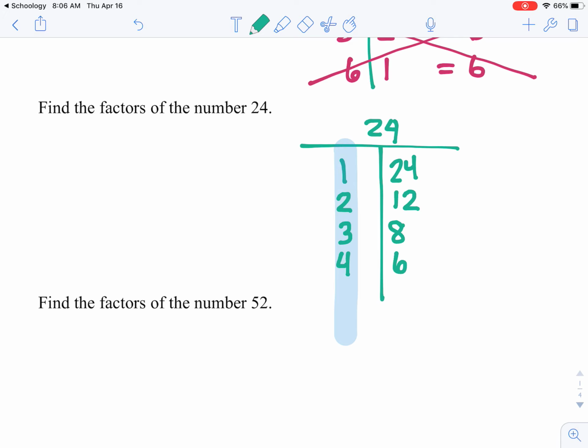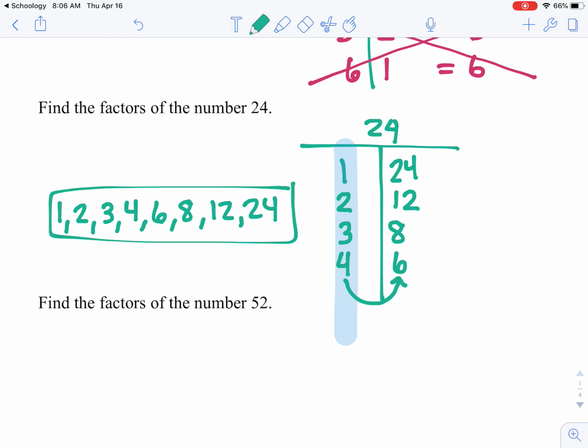All right, so once you get to this 4, see how I tried 5 and it didn't work. And then I have 6 in the left column or the right column. That means I have completed all my factors. So my factors for the number 24 are 1, 2, 3, 4, 6, 8, 12, and 24.